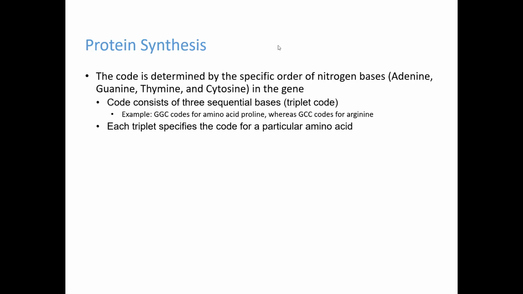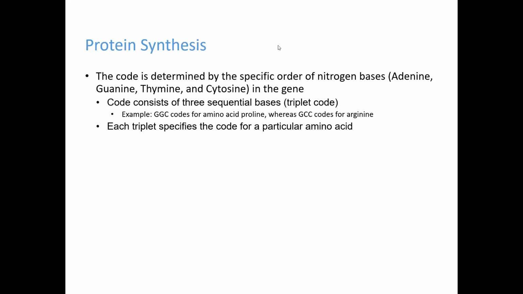And the triplets are going to be the code for each particular amino acid. The example here is GGC, guanine, guanine, cytosine, codes for proline. GCC, guanine, cytosine, cytosine, codes for arginine.